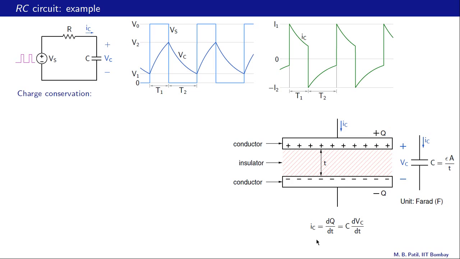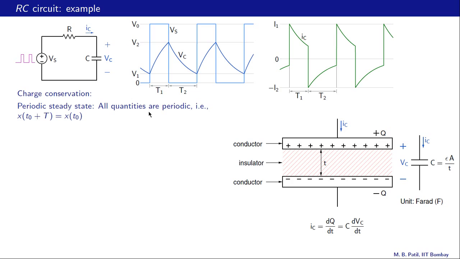Let us now look at the implications of this equation in our context, and in particular we will look at the implications in the periodic steady state. What is the meaning of periodic steady state?